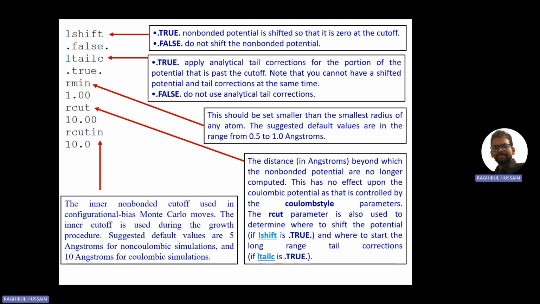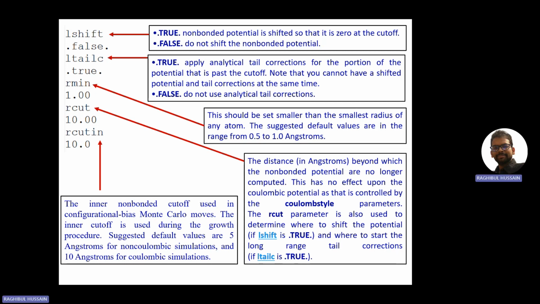R cut we have already discussed, and this is R cut in. The meaning of these two variables is the same. R cut is used here, and R cut in is used in CBMC. So typically we keep these two values the same, but both are used for different purposes.